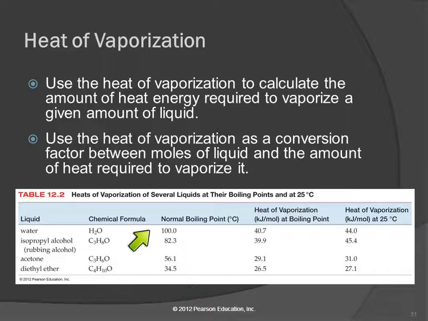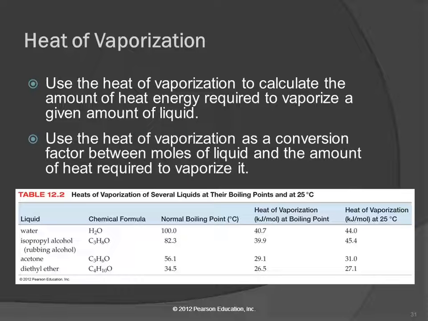It gives the normal boiling point. It gives the heat of vaporization at the boiling point and also at room temperature. The heat of vaporization at room temperature is higher than at the boiling point, which makes sense because it's going to require more energy to vaporize if it's not as warm.